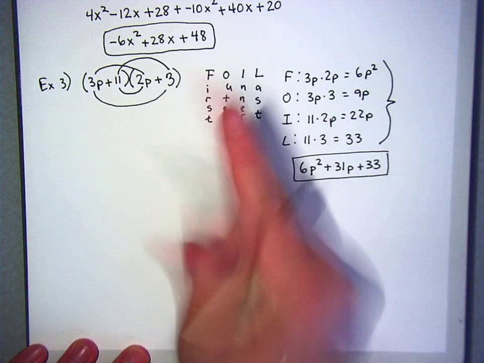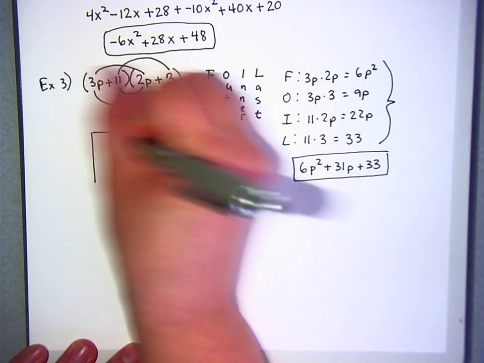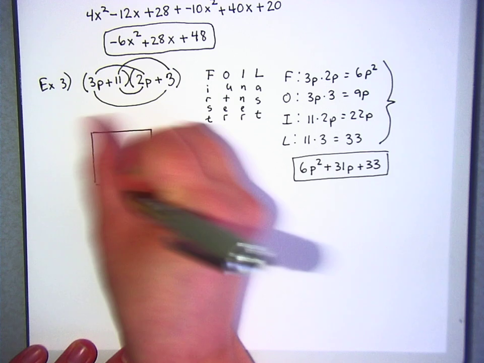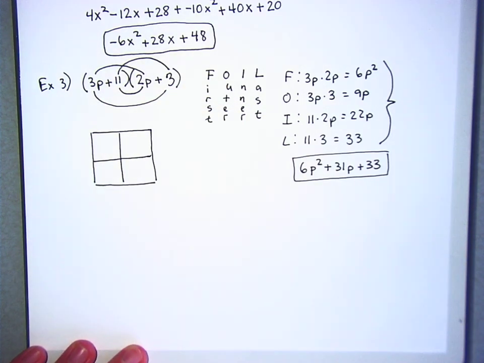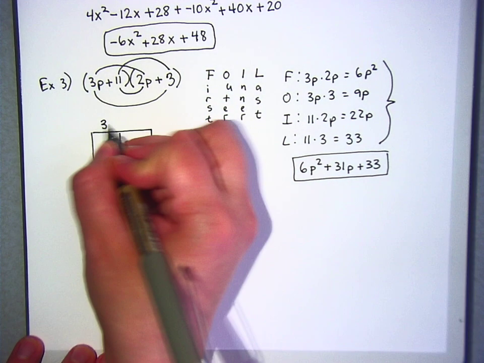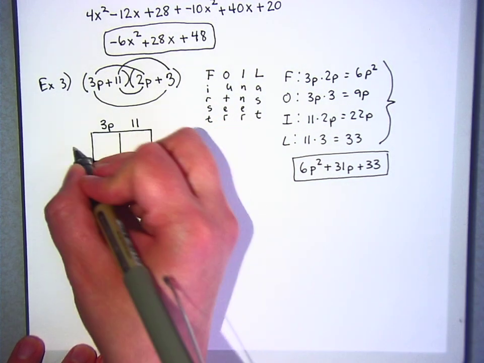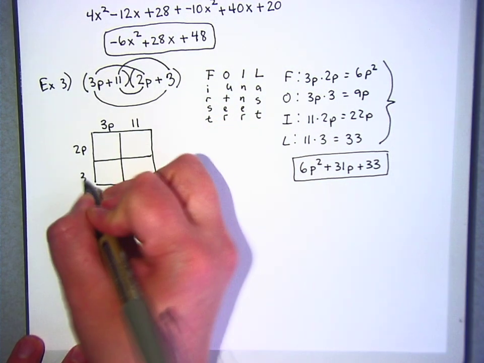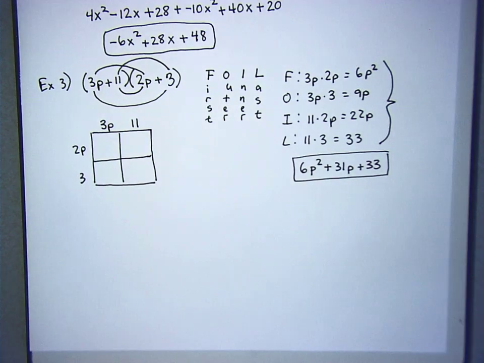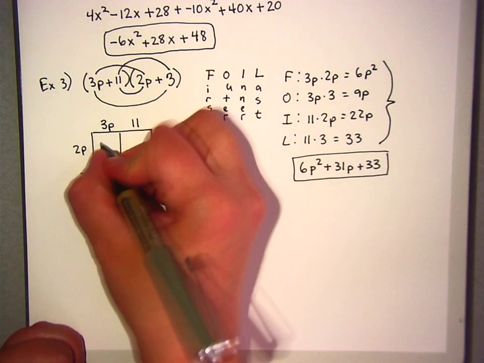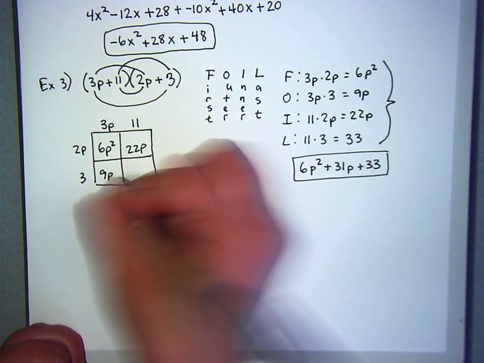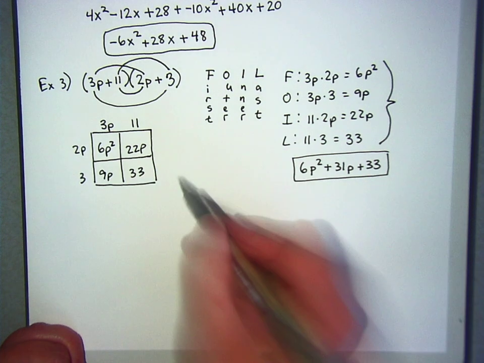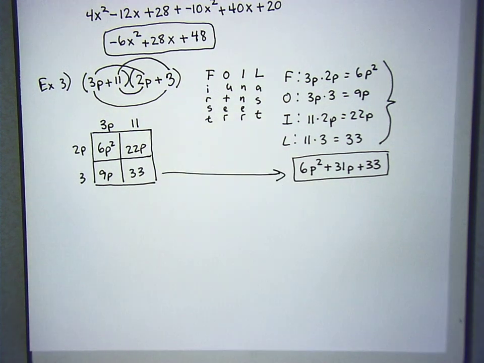If you don't like doing FOIL, what I like doing better is the box, which is like a Punnett square. Then you would put 3p plus 11 here and 2p plus 3. Does it matter if the first thing's on the top or on the side? No. This one would be 6p squared, this is 22p, 9p, and 33, and that also gets you the exact same answer.